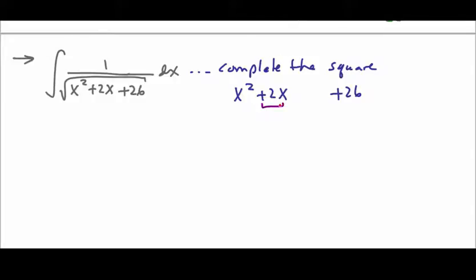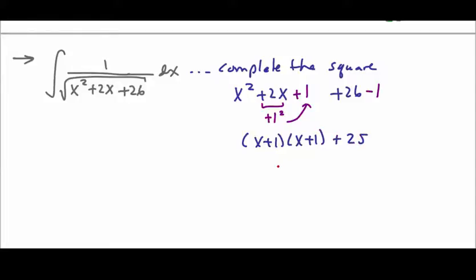So I take half of this value and I get a plus 1, and then I square it. So 1 squared is 1, so I add 1. Now, if I'm completing the square in an expression, not in an equation, if I add 1, I also have to subtract 1. Now, if we look at x squared plus 2x plus 1, that factors into x plus 1 quantity squared. So if you want to look at that, it's x plus 1 times x plus 1.